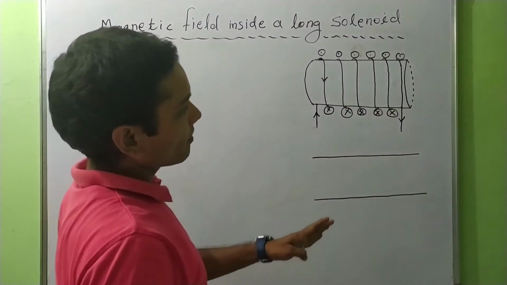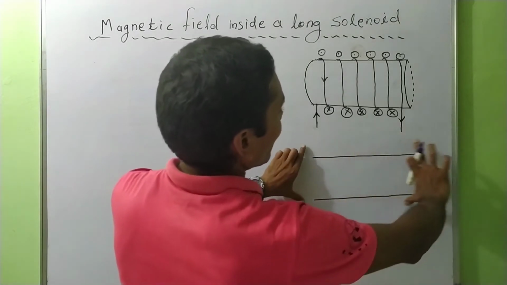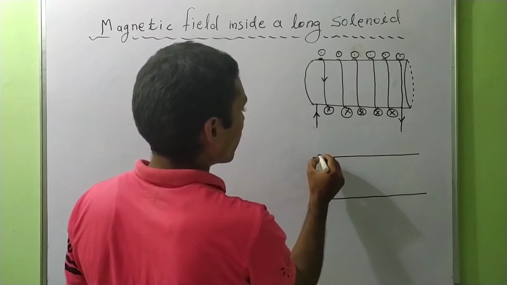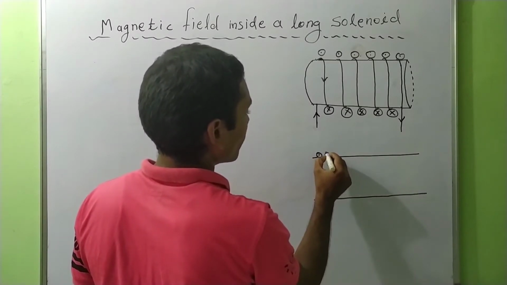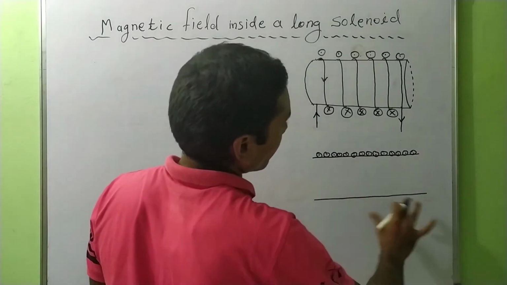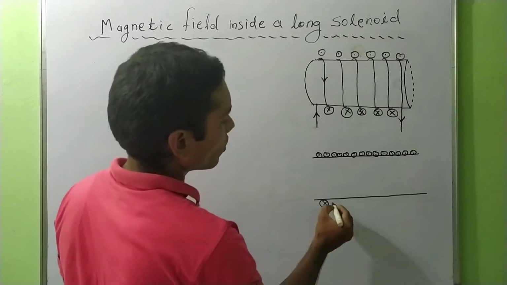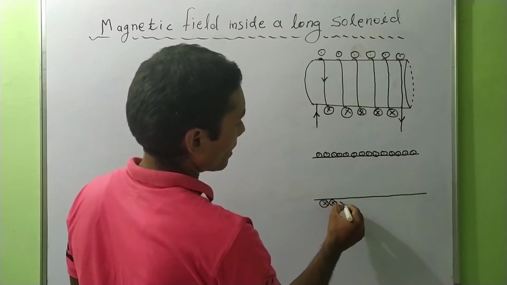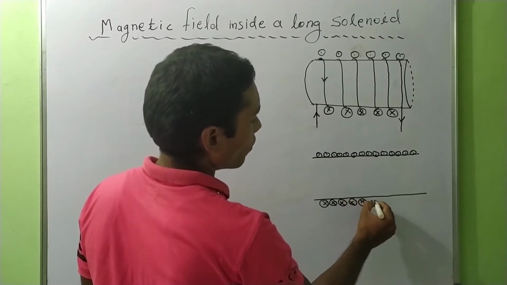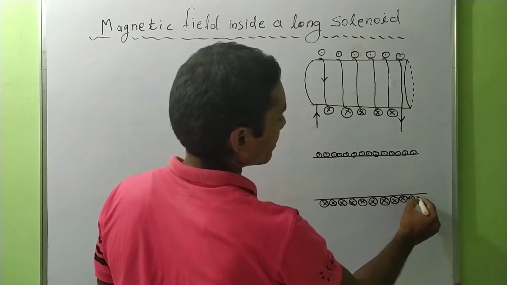To understand this properly, we will imagine the long solenoid is like that, and the direction of current at the top of the solenoid will be like that, and the direction of current at the bottom of the solenoid is represented by a cross sign. So the direction will be inward for each closed loop.